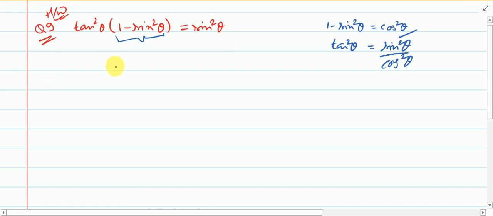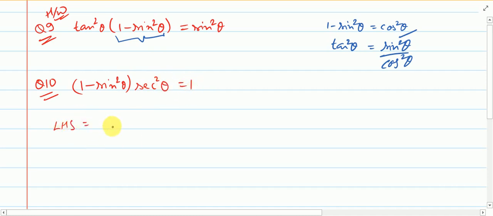Okay. Now let me see question number 10. So question 10 is 1 minus sin square theta into sec square theta is equal to 1.